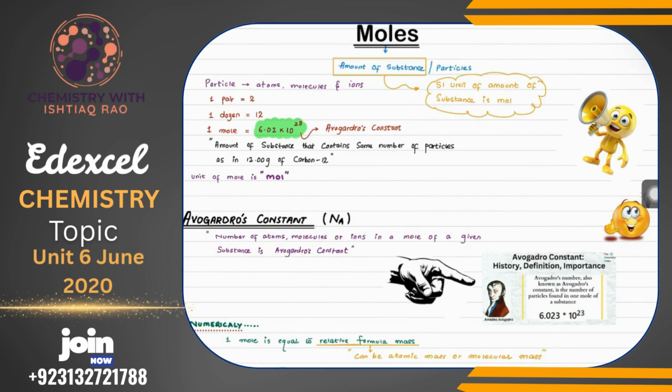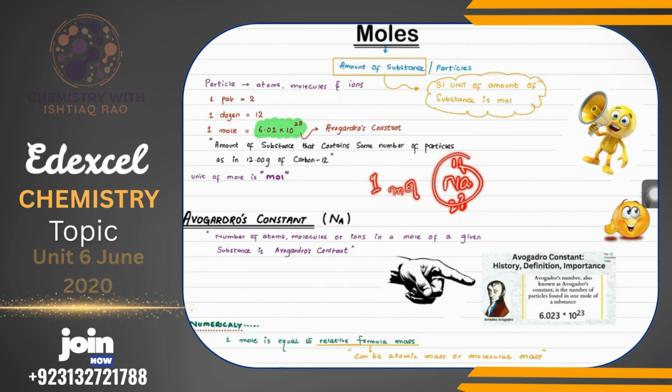Let's suppose I give you sodium. From the periodic table, sodium's proton number is 11 and its mass number is 23. Listen carefully: how many particles of sodium are present in 1 mole of sodium?